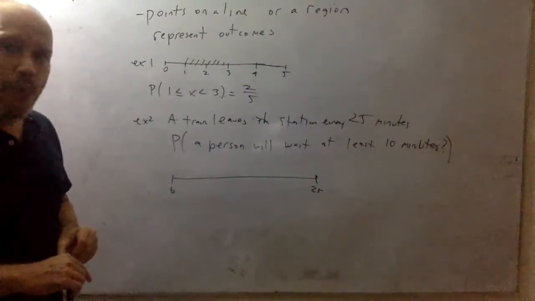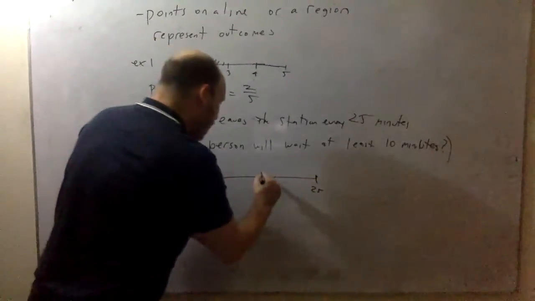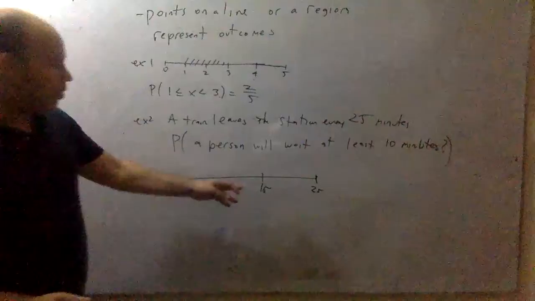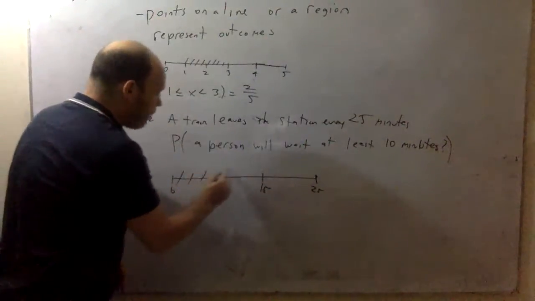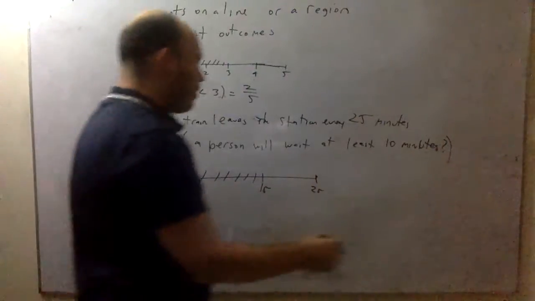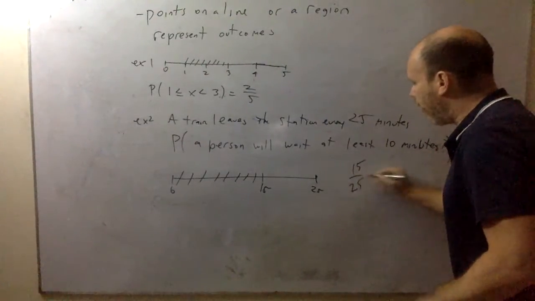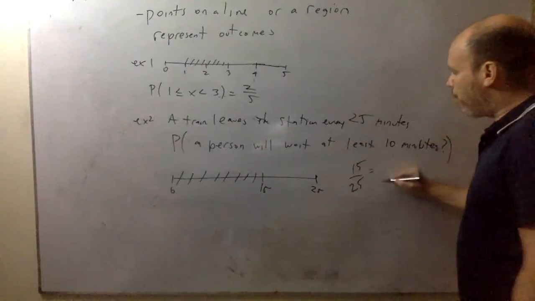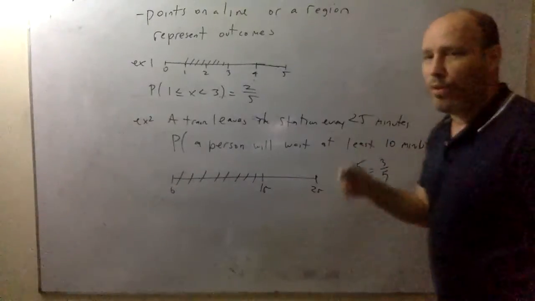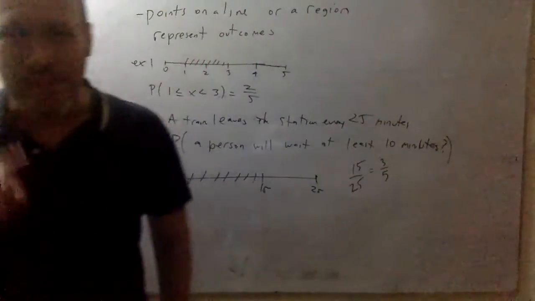Who's waiting exactly 10 minutes? The person who gets there at 15. They're waiting 10. So this whole region, these people are waiting at least 10 minutes. So the answer would be 15 over 25, or you can reduce it to 3 over 5. So there's a 60% chance that you're waiting at least 10 minutes.